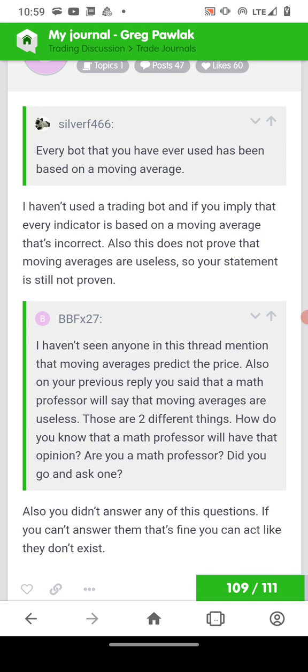If you have a 30-day moving average, you have 30 periods of daily period. If you have a 30-minute moving average, 30 periods of minutes. That would be too short to do anything with it, right?